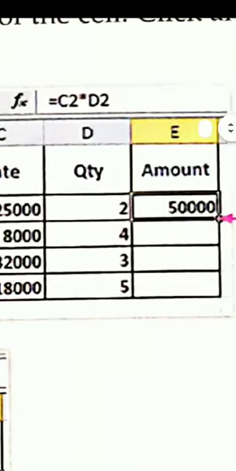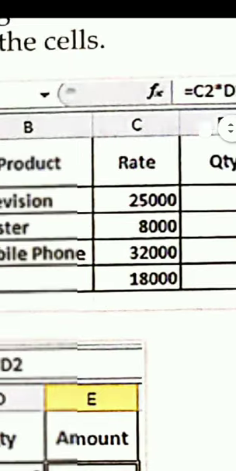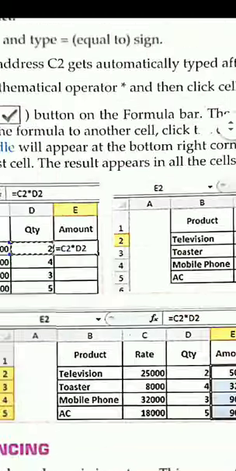So what is happening here is that when you move to the cell downwards of 50,000, that cell automatically changes the address. That is called relative referencing.